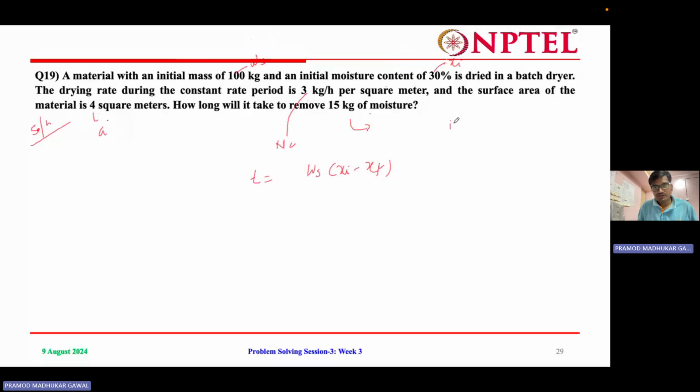For example, initial moisture is 100 into 0.3, that's 30 kg, and final is 15 kg. The final X is 0.15.